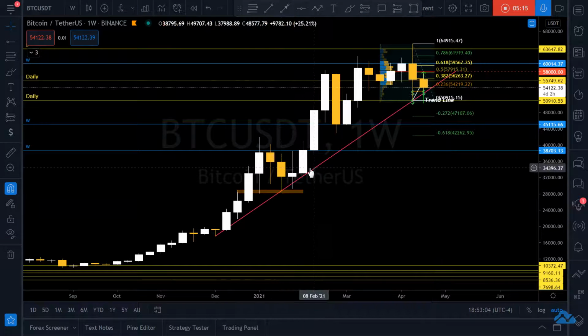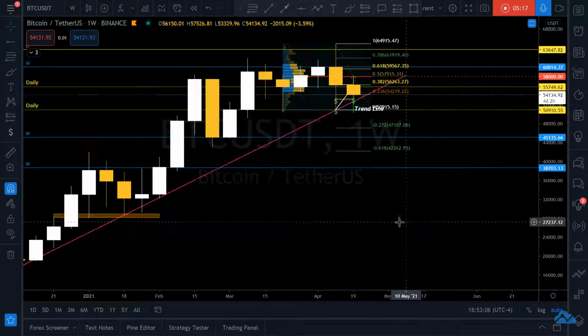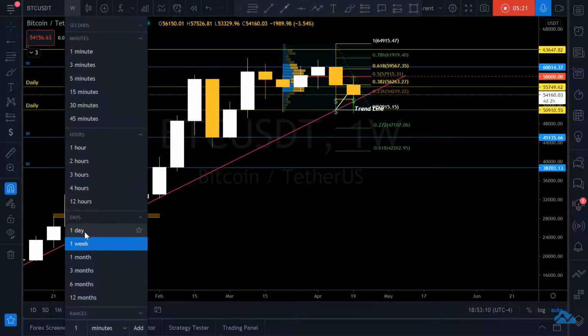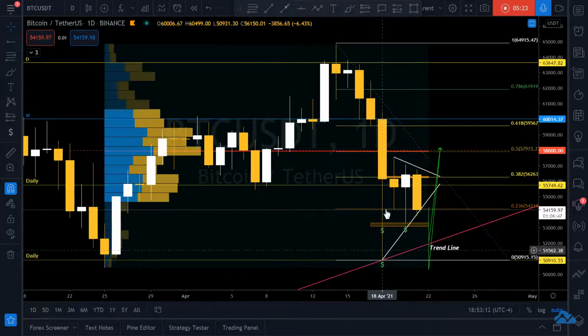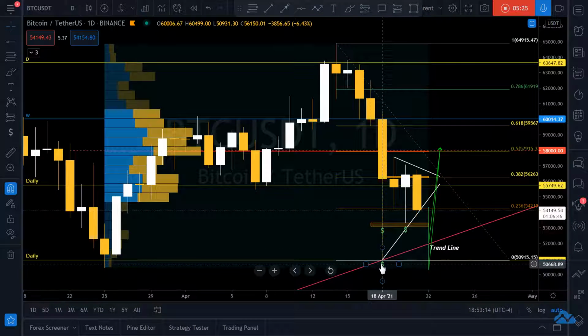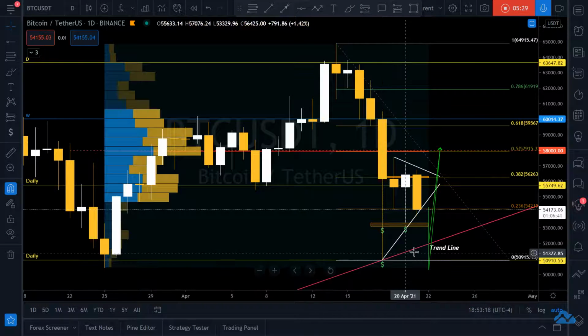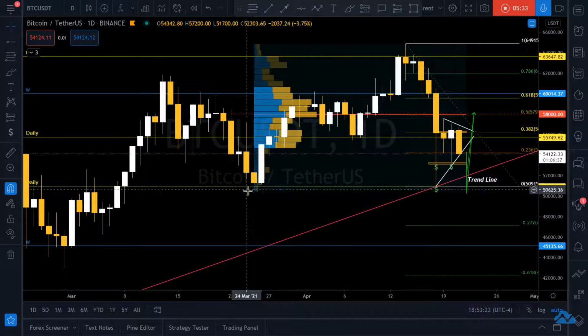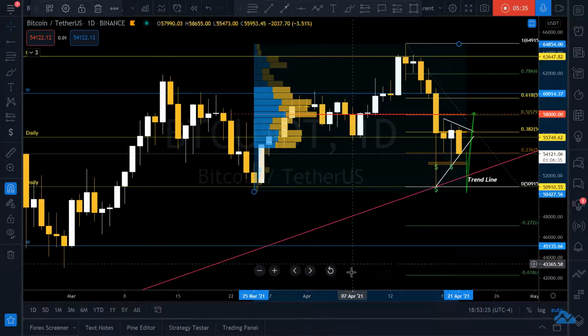All these touches, and the price has respected it up until this very touch of last weekend, to the dollar. So we have respect being shown.